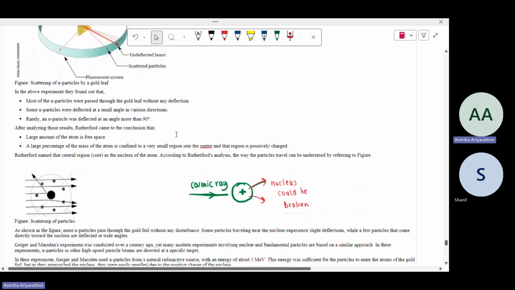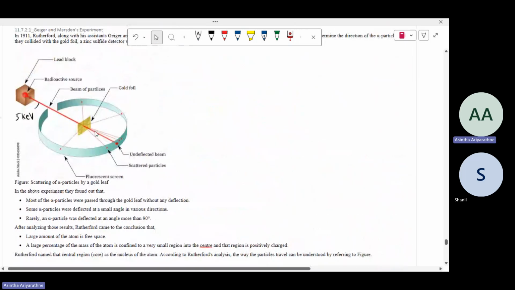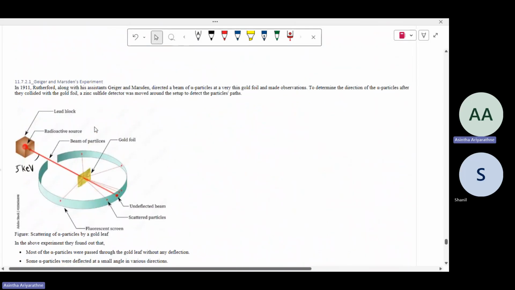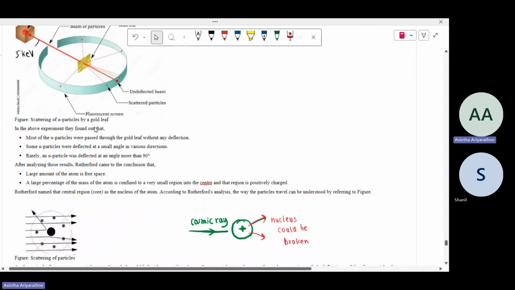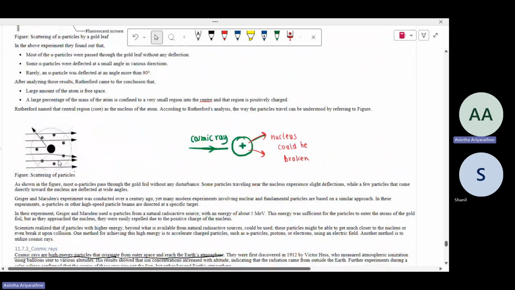Here we have alpha particles. When this experiment is done using alpha particles, some would not be deviated. This is the nucleus, and this is the electron cloud, and these are alpha particles.